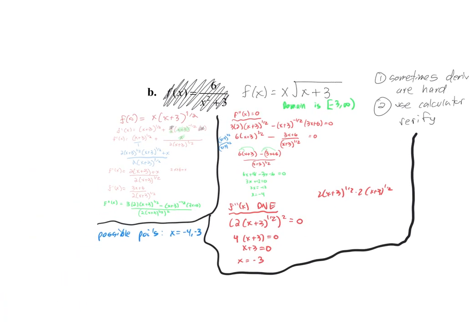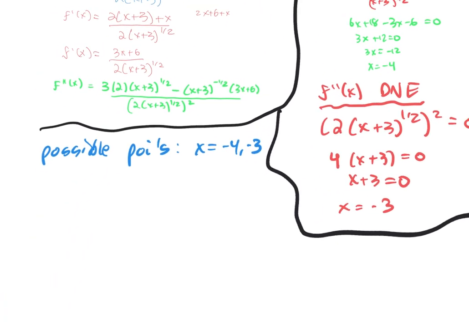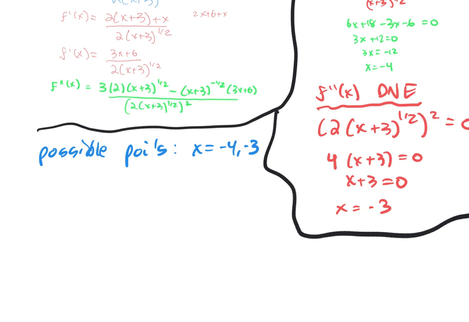So really what that means is that we're not going to test -4. It's not even in the domain. And if we tested points to the left or right of it, we would quickly realize that. You would plug in numbers and get an error, and you would realize that there's really nothing for you to test there.